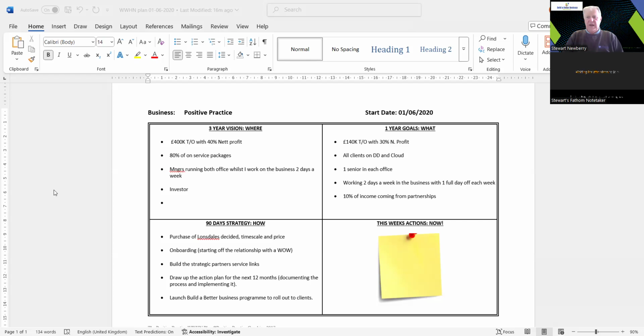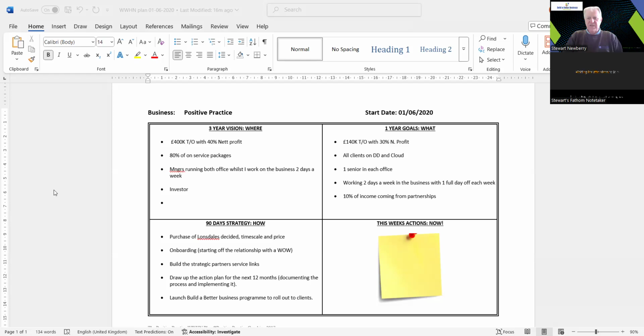Objectives. I would suggest you write down a maximum of 6 key performance indicators, that's KPIs, that if you achieve those in 3 years, you will be more than happy with the progress of your business.